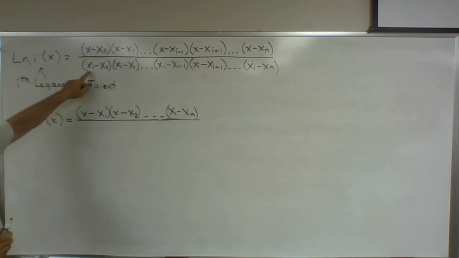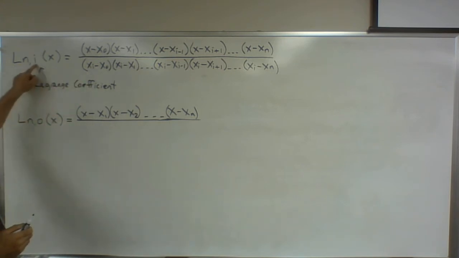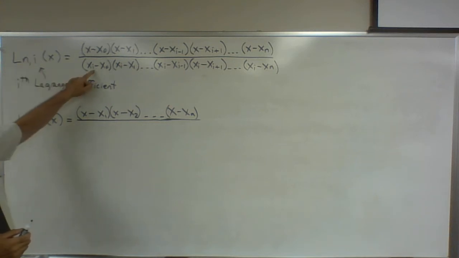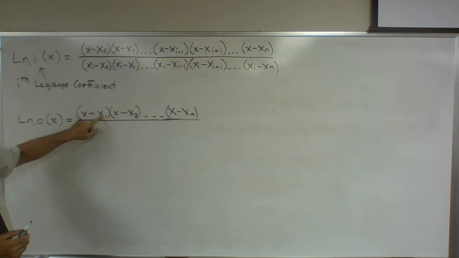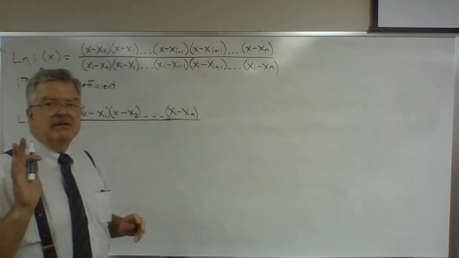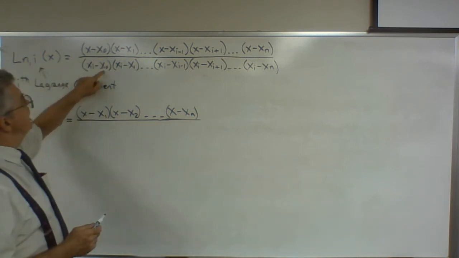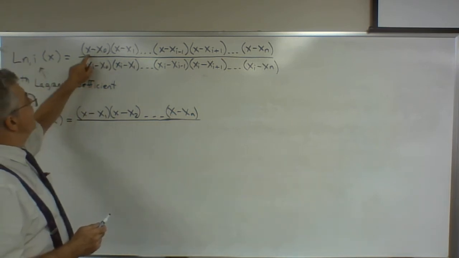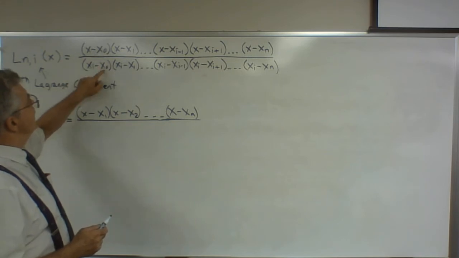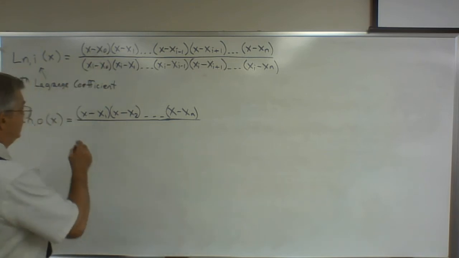Then what do we have on the bottom? Whatever I is, we have x of I minus whatever this is. Let's not worry about I yet. Notice that this matches this. Whatever this is up top, that's what we have down here.